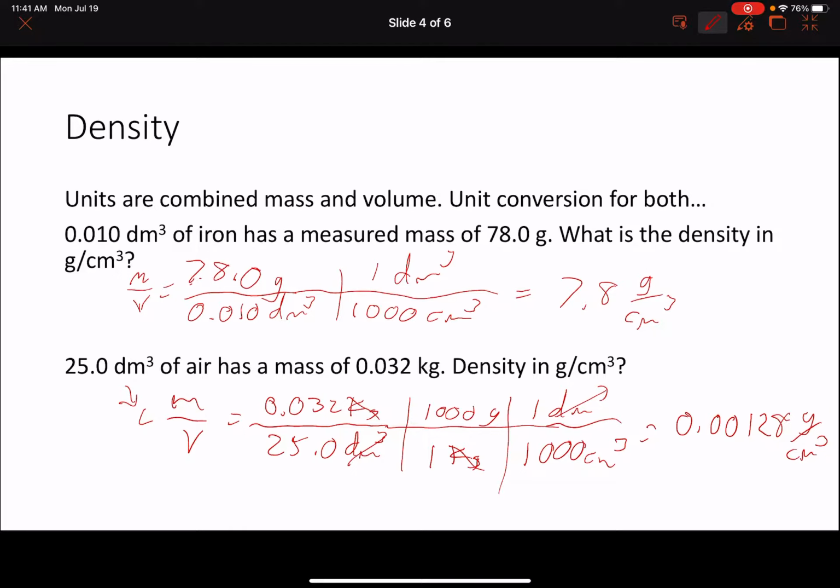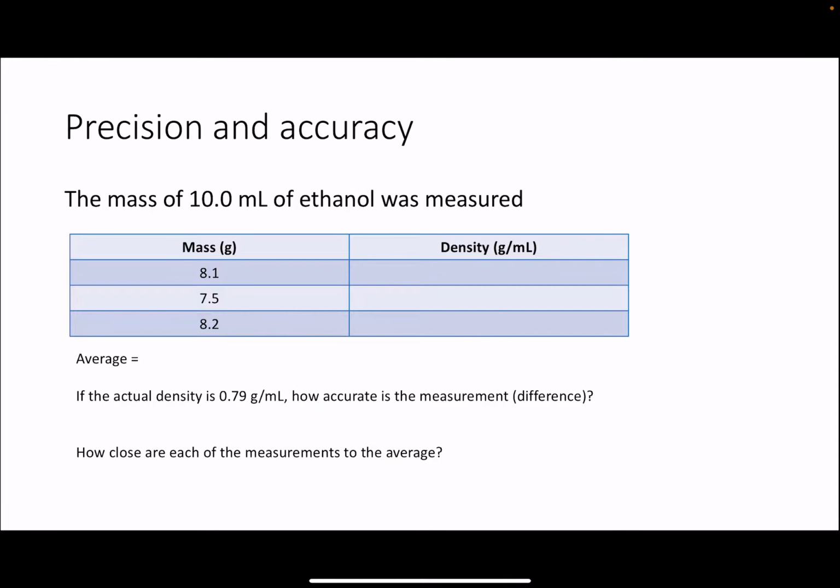I probably have written too many significant digits, because you'll notice this number has 2. So in sig figs, that's 0.0013 grams per cubic centimeter. And so those are some examples of calculations.